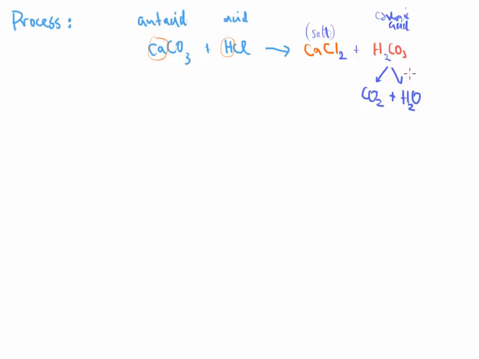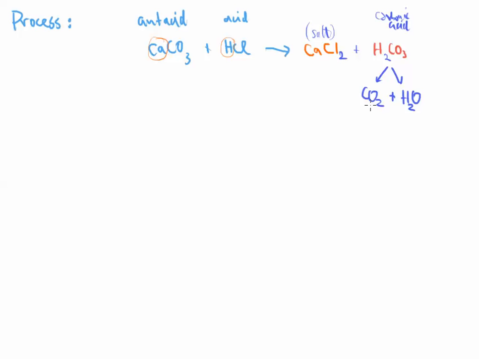So for some of you, when you eat an antacid, a Tums or a Rolaids, or you drink that milk of magnesia, sometimes you feel a little gassy, right? Don't want to talk about it that much, but maybe you feel a little gassy, a little bloated after you do that. And the reason is because this reaction's producing carbonic acid, which breaks down automatically to CO2, which is carbon dioxide gas that you begin to burp up or flatulate out. Okay, so that's where all of that gas is coming from.